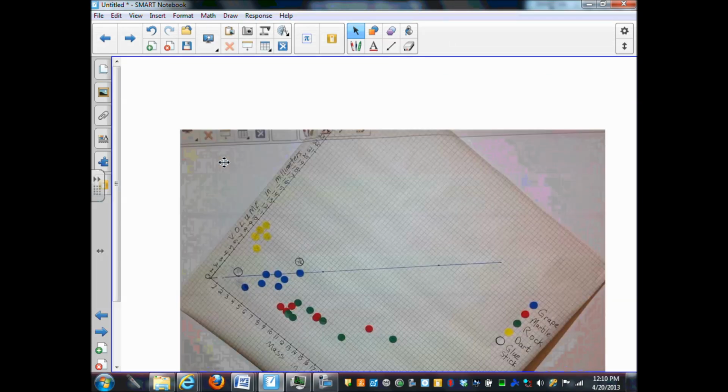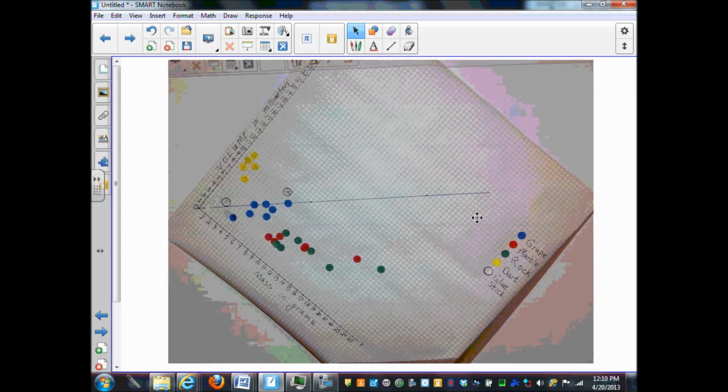We then took the objects and we found the mass and the volume of each object, and we put them on a graph so that we could get a better idea of what was taking place. If you look at this, you see that the objects in blue were grapes, the red dots indicate marbles, the green indicate rocks, the yellows were foam darts, and then the white were glue sticks.